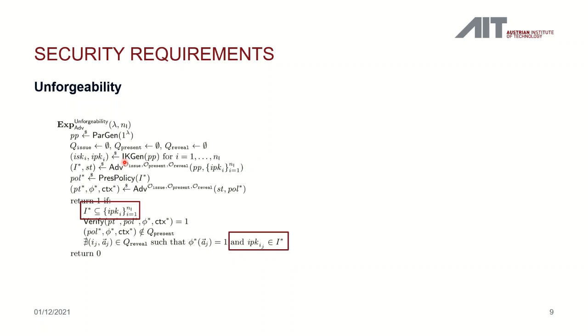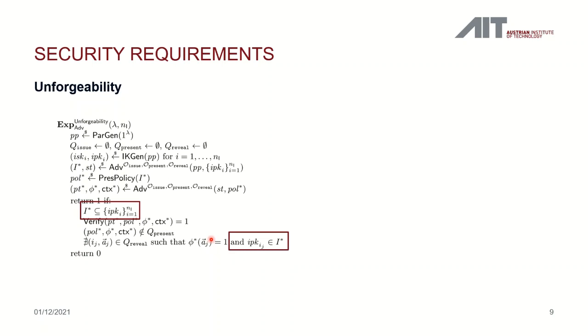Then eventually the adversary will output a set of issuers that should be considered in the presentation policy, and for this policy the adversary should then generate a presentation token. And the adversary now wins if it outputs a valid presentation token which has not been trivially derived from one of the tokens or credentials that the adversary has received from the oracles.